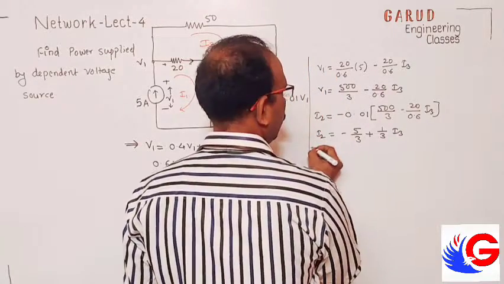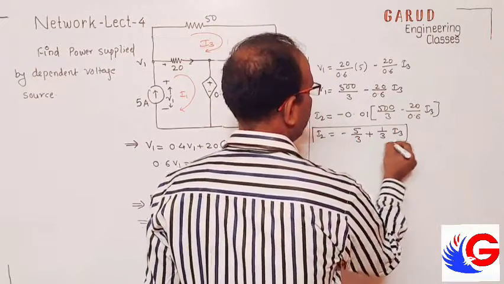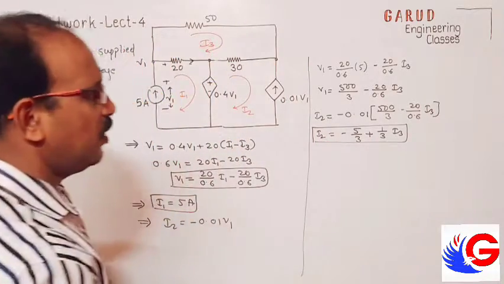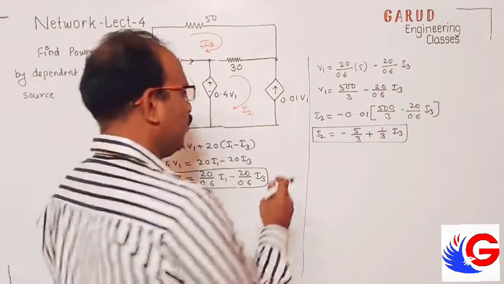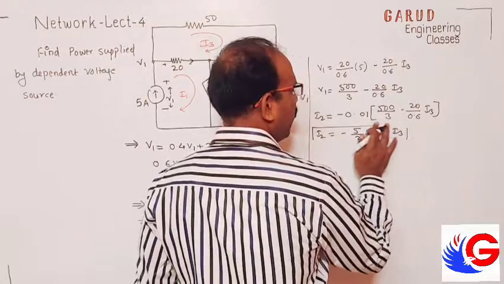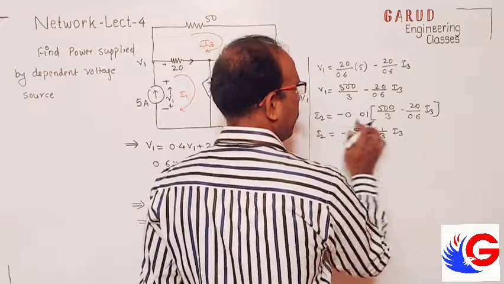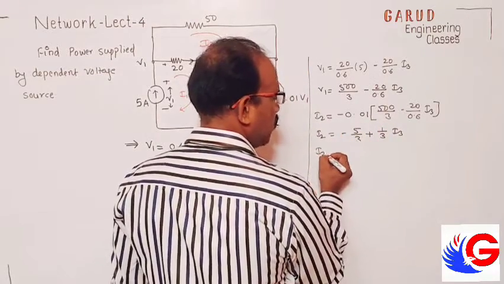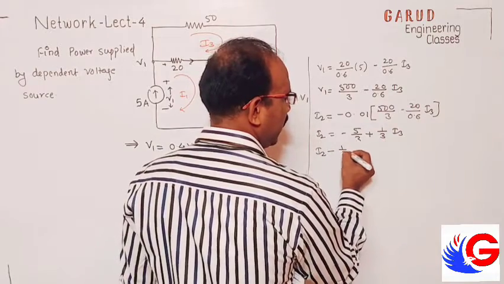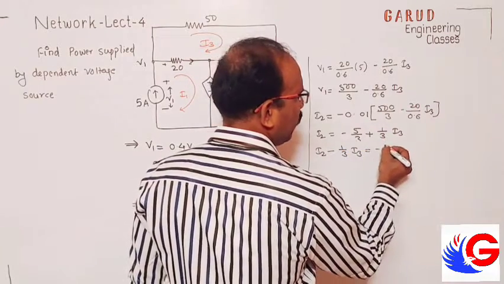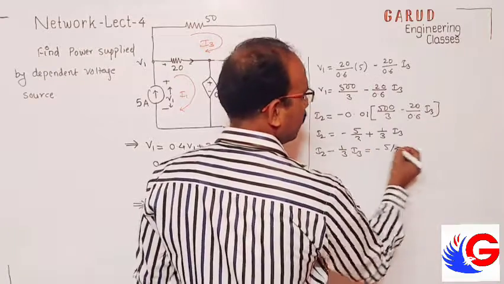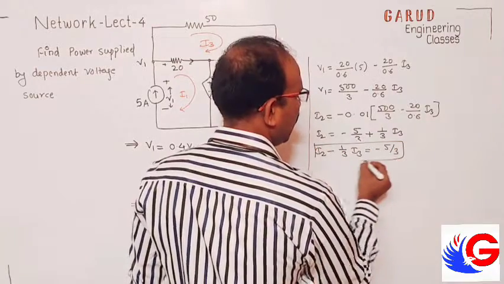This is equal to I2, in terms of I3. We can treat this like an equation, because we get two equations here. I2 minus 1 by 3 I3 equals minus 5 by 3. This will be your equation.